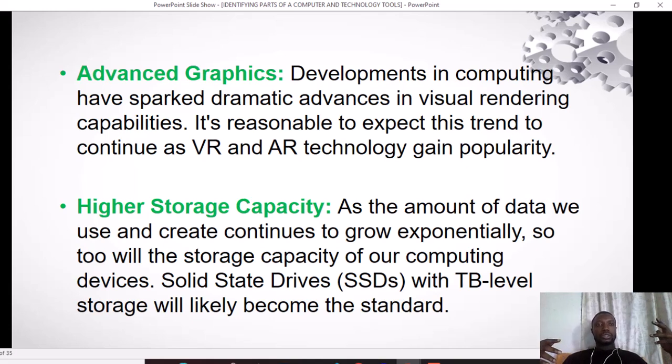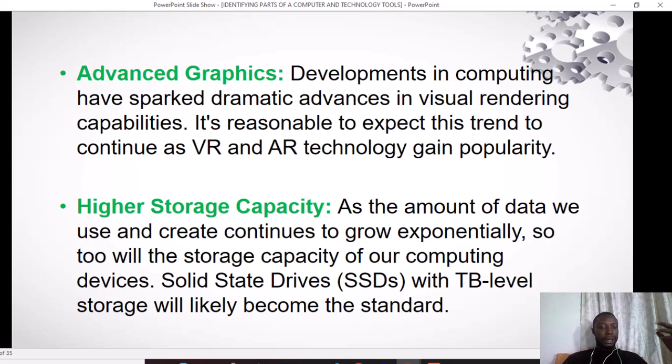So as the amount of data you use and create continues to grow exponentially, so too will the storage capacity of our computing devices. As the information that we use grows exponentially, the capacity of these devices must also grow. We said solid state drives, which are SSDs, and terabyte level storage will likely become standard.